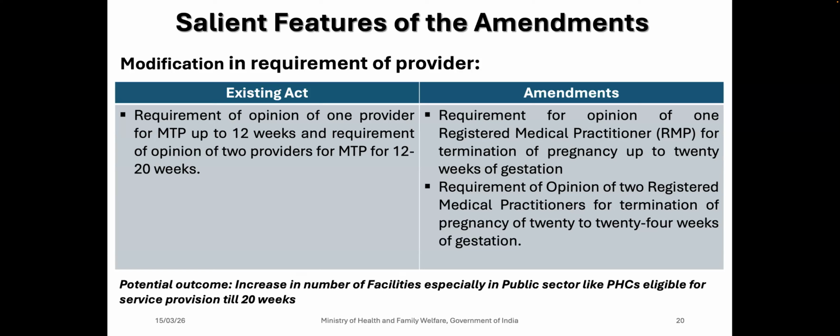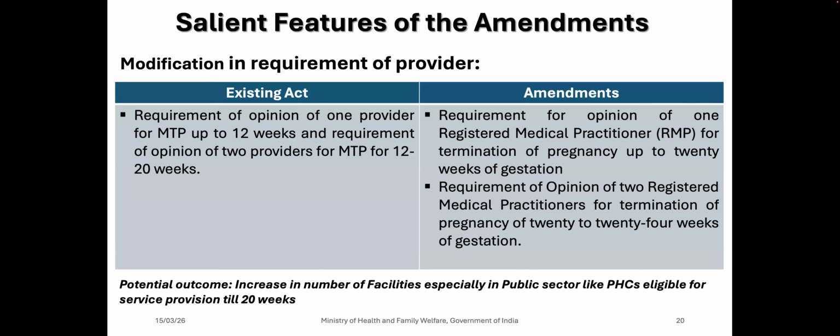So I'm just putting some slides on the MTP Act, which was earlier and what is now. So in the existing act, the requirement for opinion of 1 provider for MTP is up to 12 weeks, and the requirement of opinion of 2 providers is between 12 and 20 weeks. So what has been amended now is the requirement for opinion of 1 registered practitioner is up to 20 weeks. And the requirement of 2 registered medical practitioners is for pregnancy of 20 to 24 weeks.